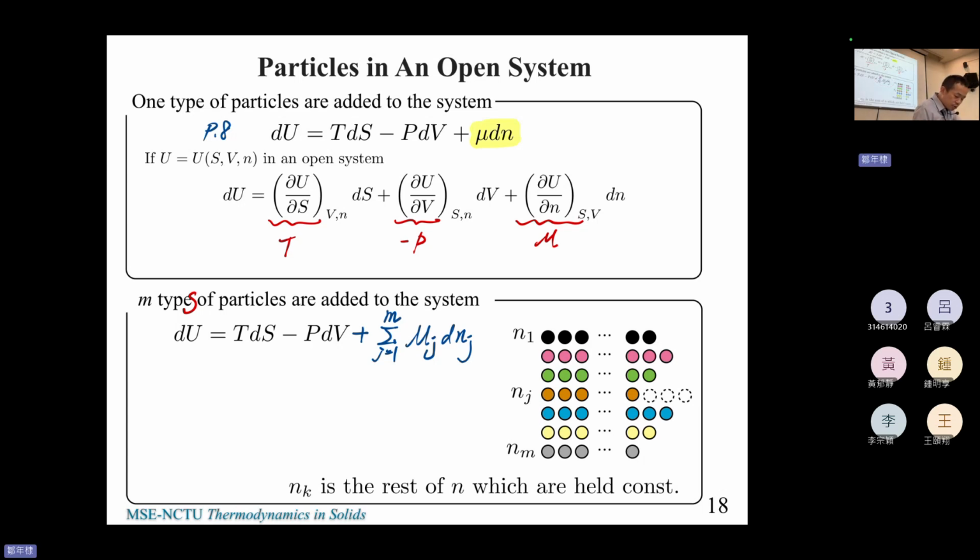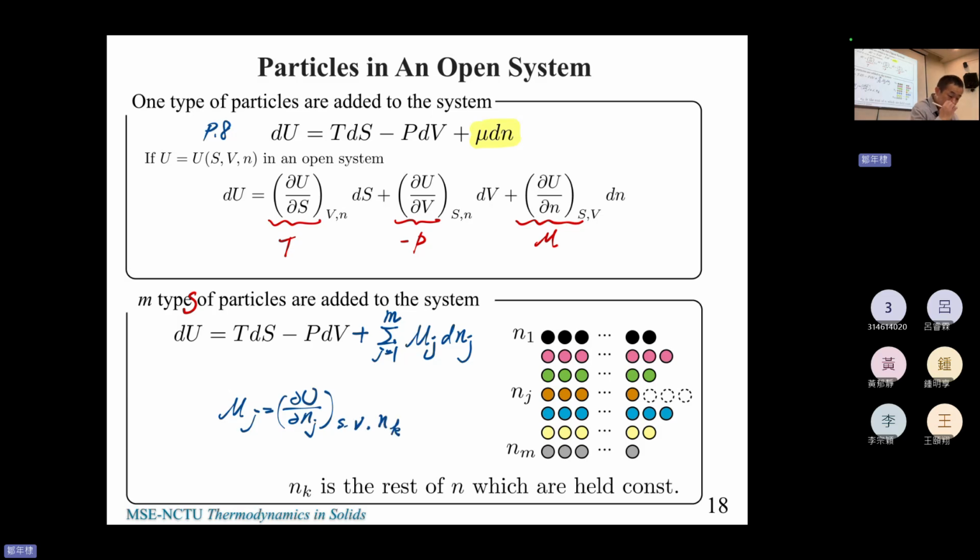So all you need to do is add them, and then mu j is equal to partial U over partial n j at constant S and V and n k.